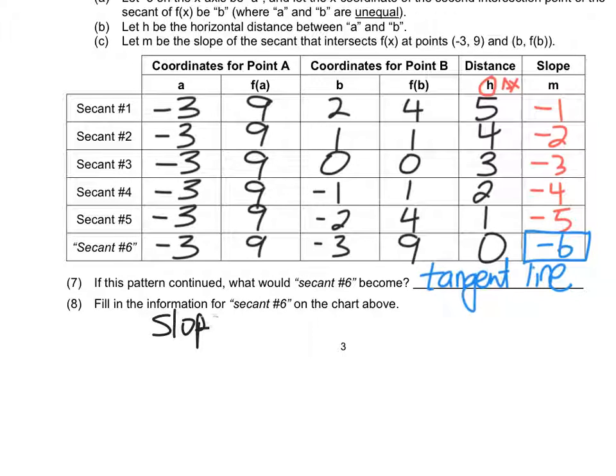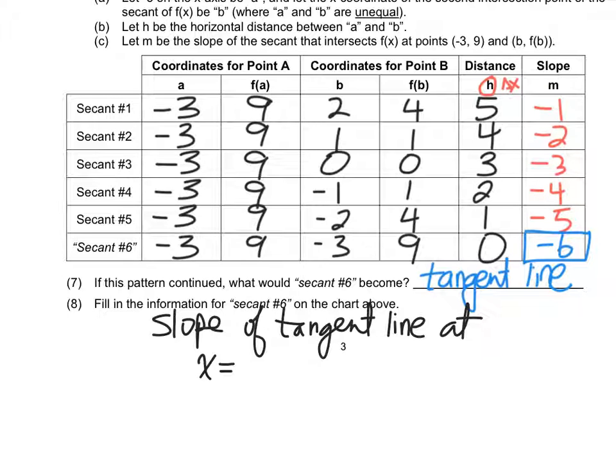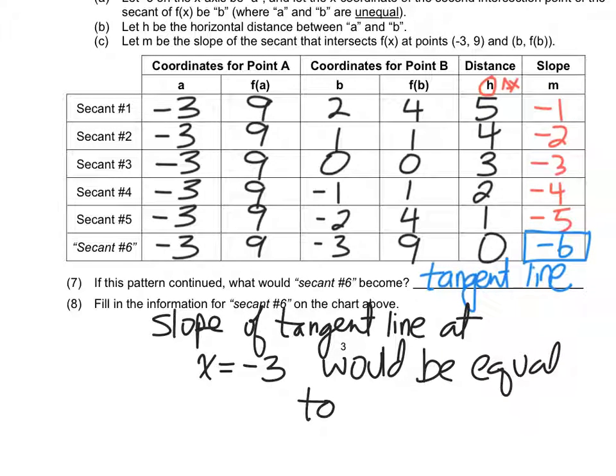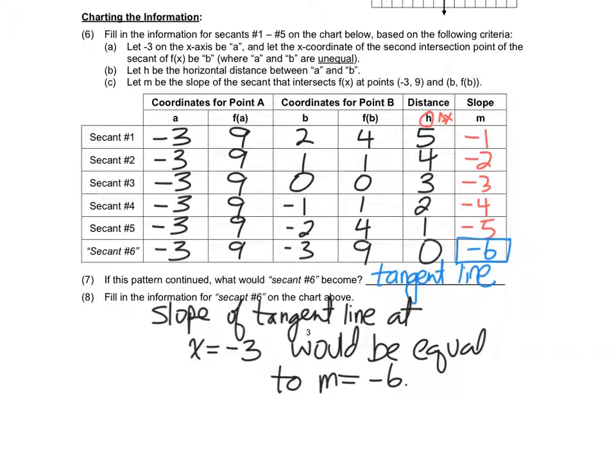Slope of the tangent line at x equals, what was it, negative 3, would be equal to, all right, m equals negative 6. So previously we were not able to find a tangent line slope because the math wouldn't work itself out algebraically.